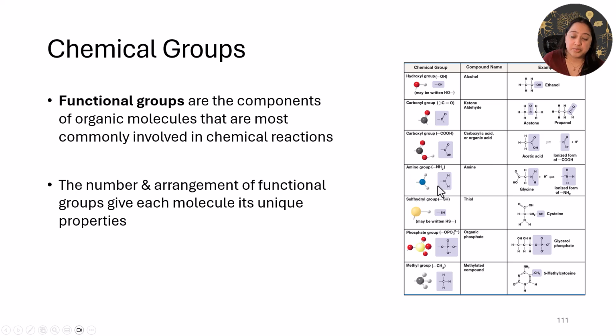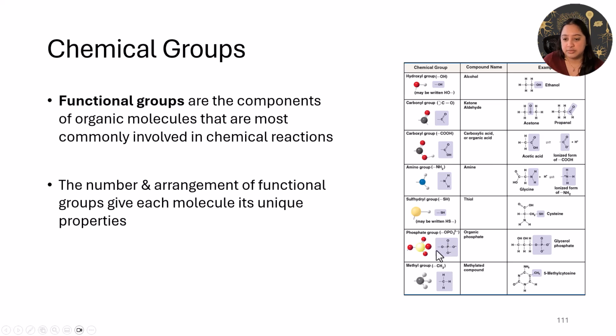An amino group has a nitrogen bonded to two hydrogens. A sulfhydryl group has a sulfur and a hydrogen. A phosphate group has a phosphate bonded to three or more oxygens.